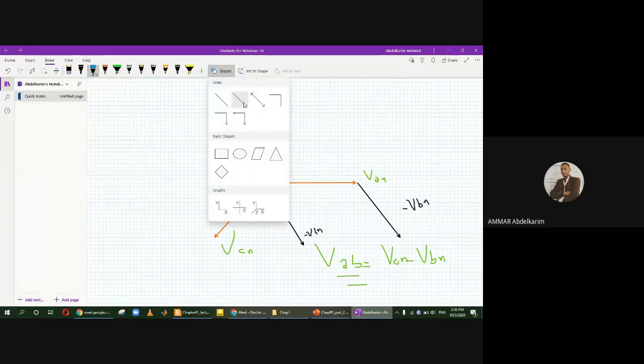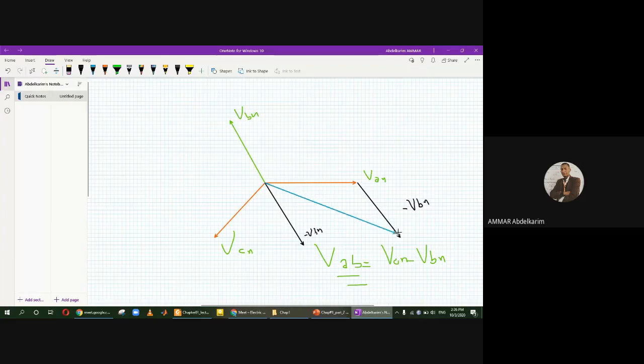So this is VAB, and we can see that those phase-to-phase voltages are shifted by 30 degrees from the phase voltages, and we can draw the others in similar ways.